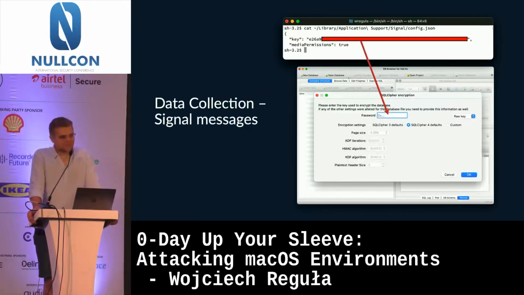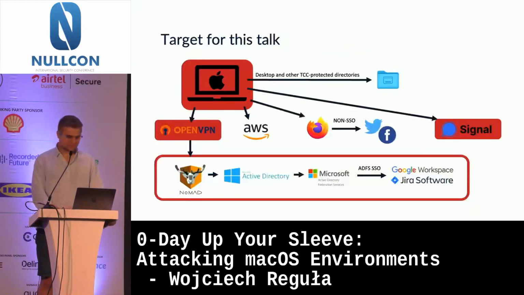However, what about the key? The key is not stored in the keychain. It's stored in a flat file, accessible by a standard user. So you go to Library, Application Support, Signal, config.json, you grab the key, pass it to the SQLite database, and we have all your messages unencrypted.